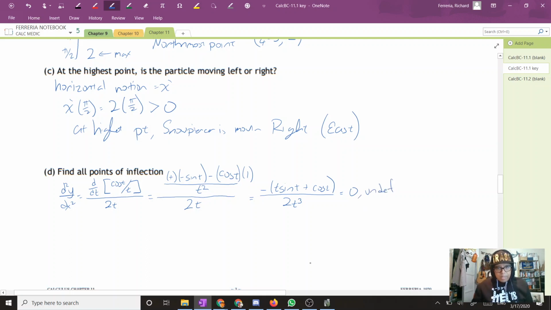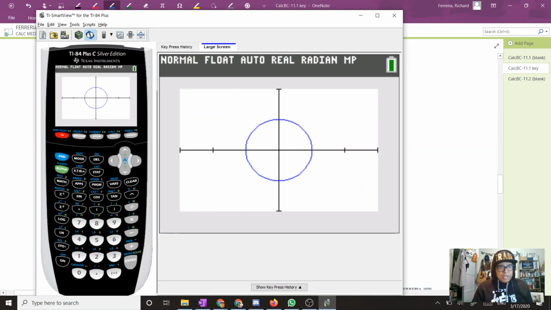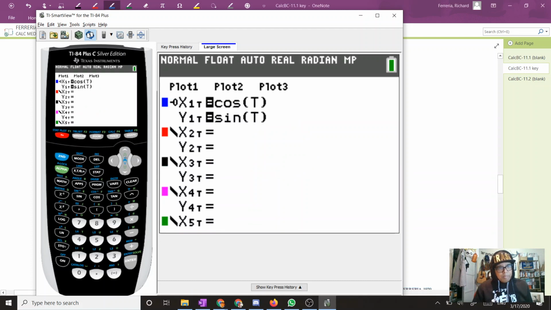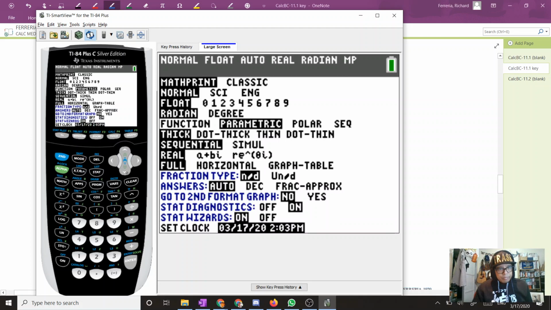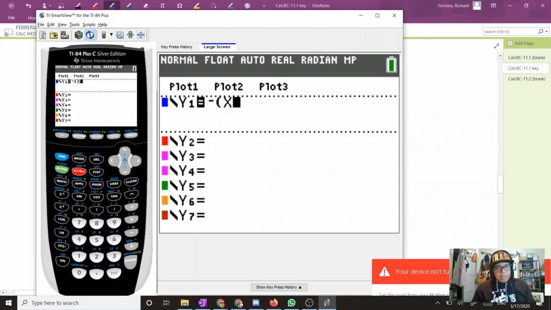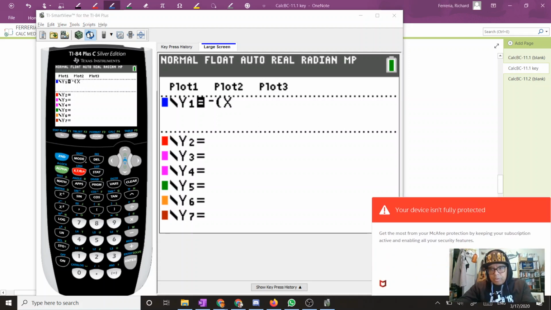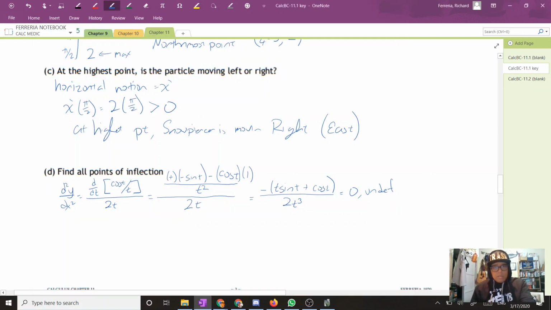Okay, so I'm going to go ahead and grab my calculator. And let's change it to the function mode, and let's graph our second derivative. Our second derivative was negative of t, was that sine or cosine first? Don't remember. Sine first.